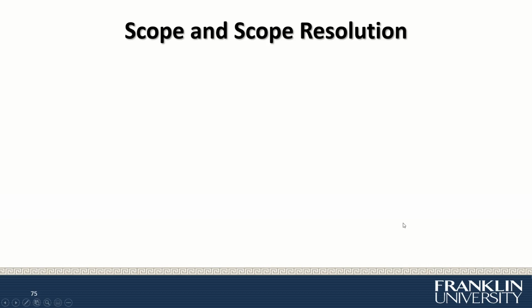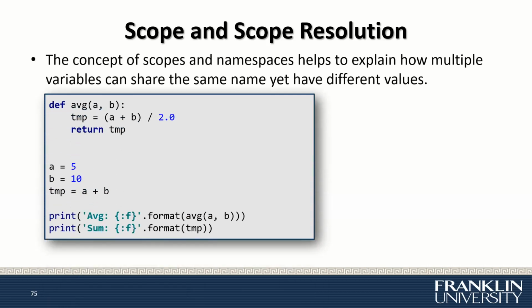And here's an example. Take a look at this program. What is the local scope? What is the global? And how are this A and B and temp related to A and B and temp here?